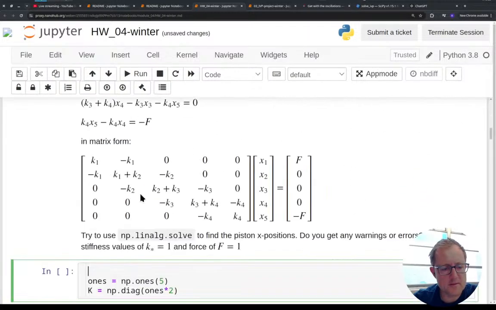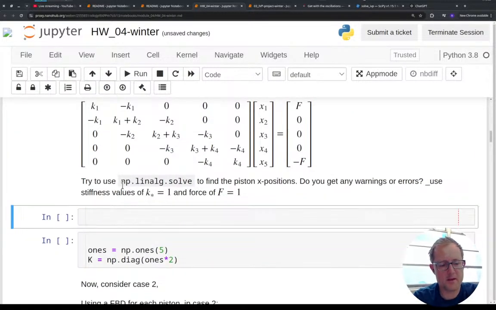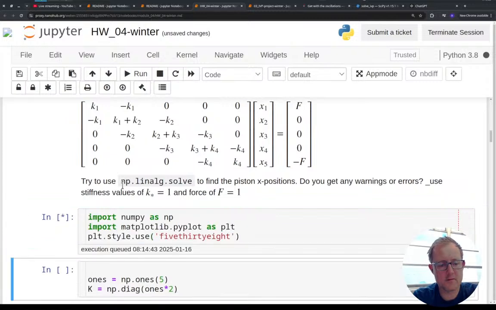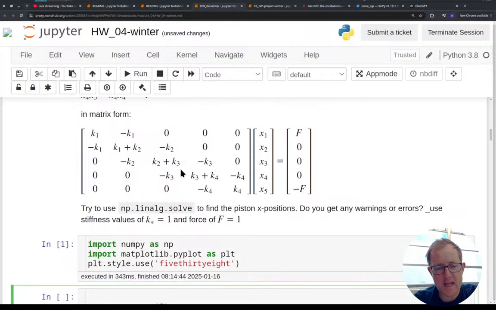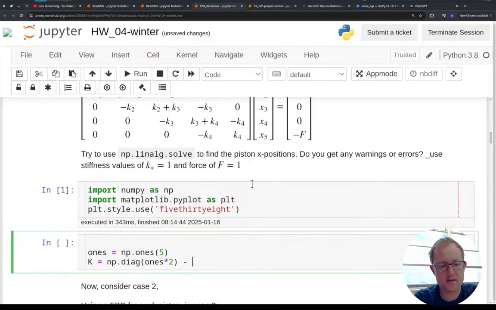No, let's do that. I gotta import my above. So I'm gonna do kind of a shortcut. If you use diag, it'll start constructing this matrix for you. Diag, oh, can't spell.